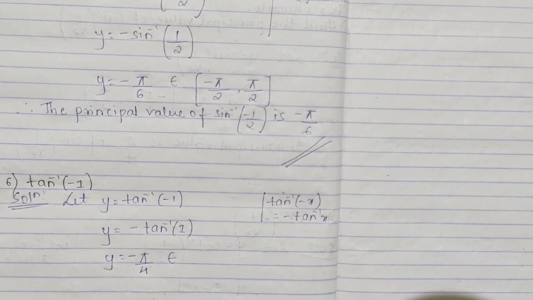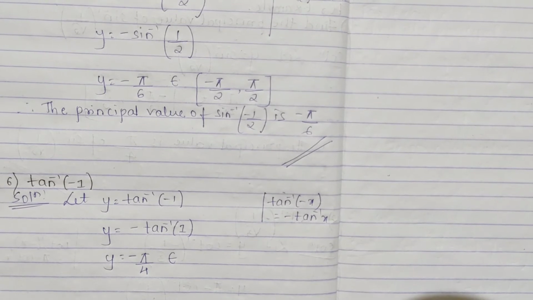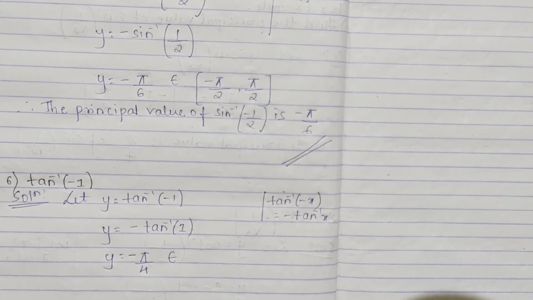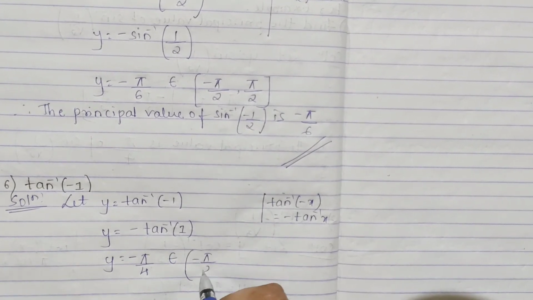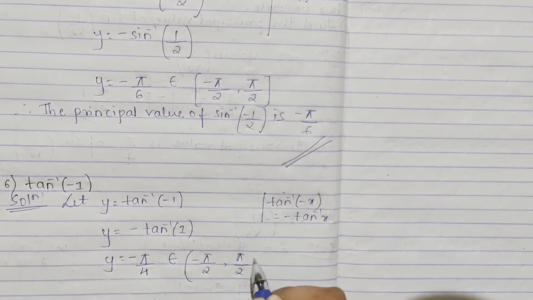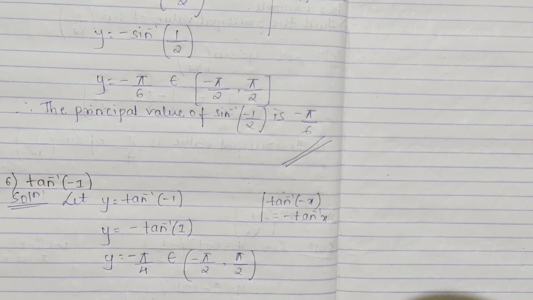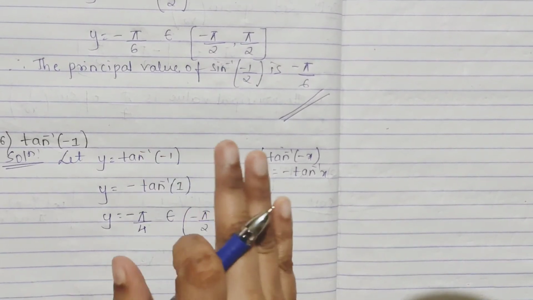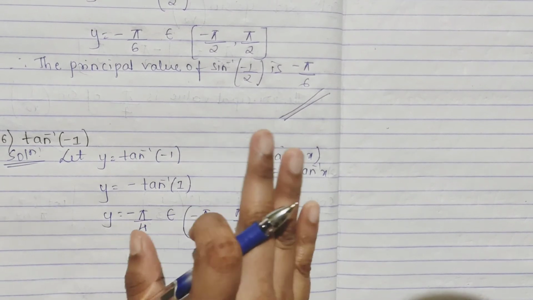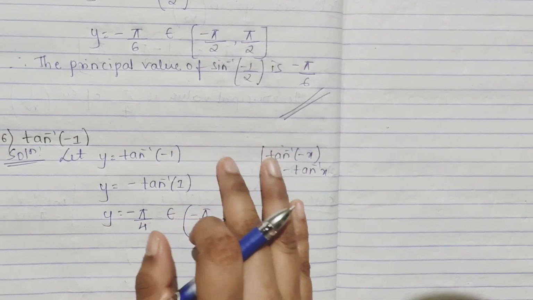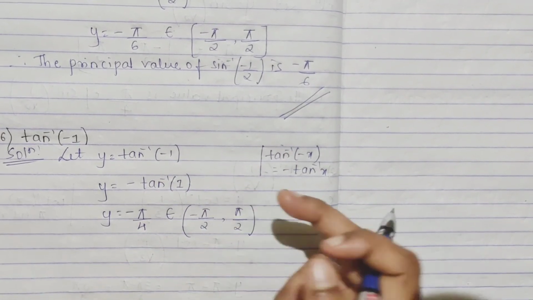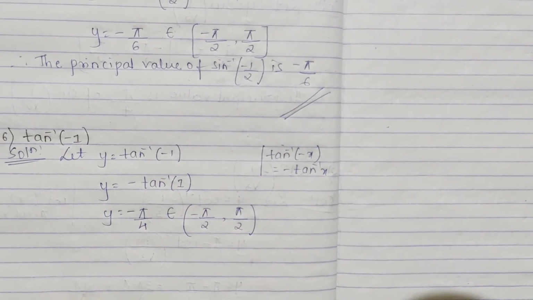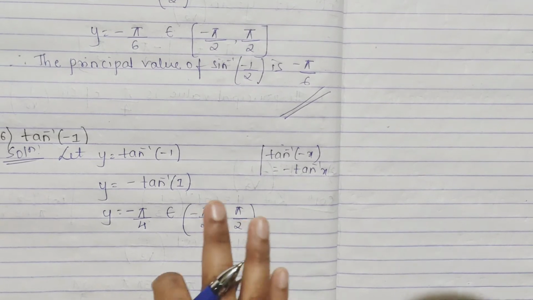So obviously this belongs to your open interval. Tan inverse has an open interval, minus pi by 2 to pi by 2, right. What about your sine and cos range? It's the opposite, I mean just changing the intervals. Sine and cos it is closed interval. Same for tan and cot, it is open interval, okay.